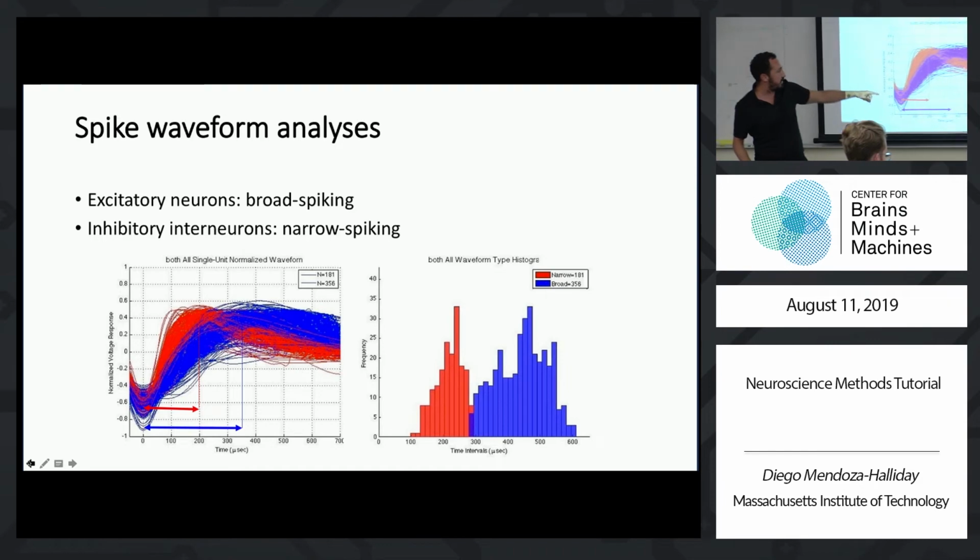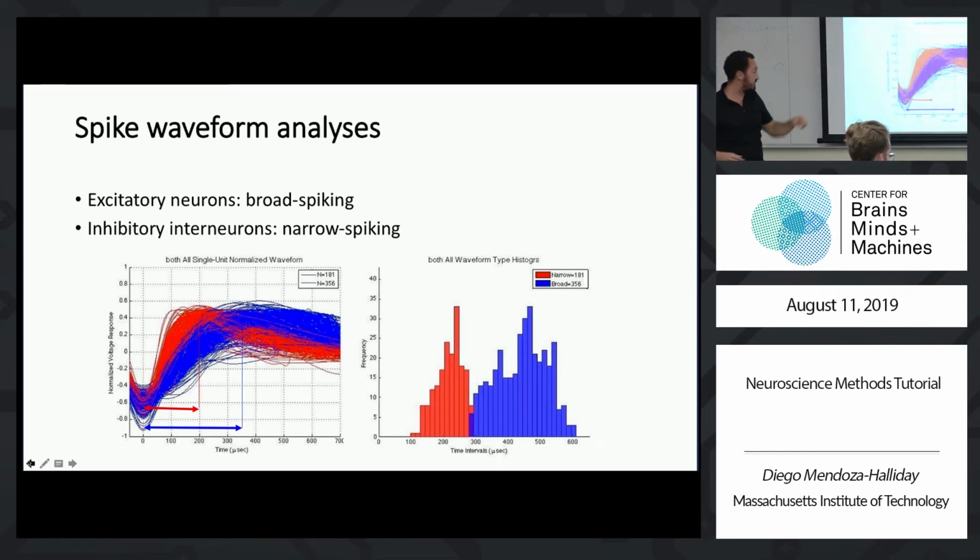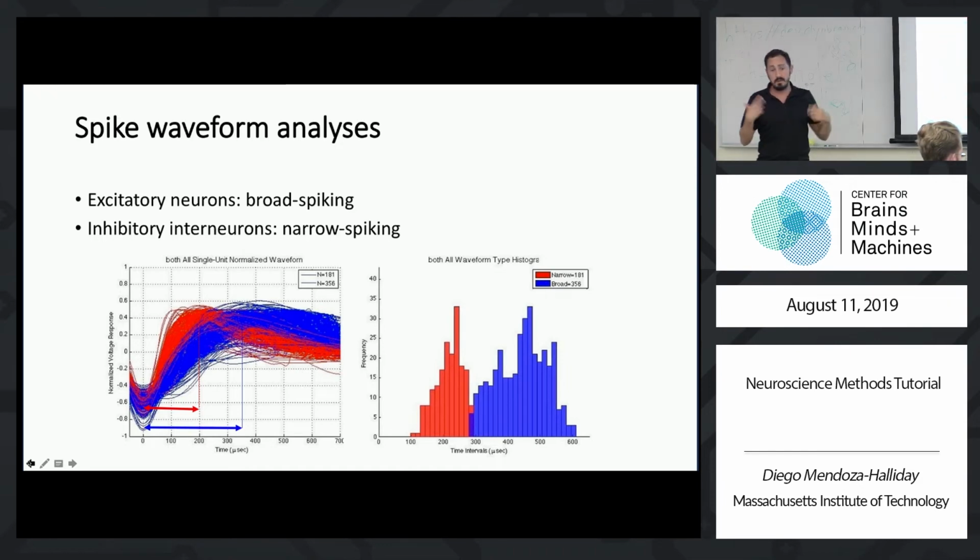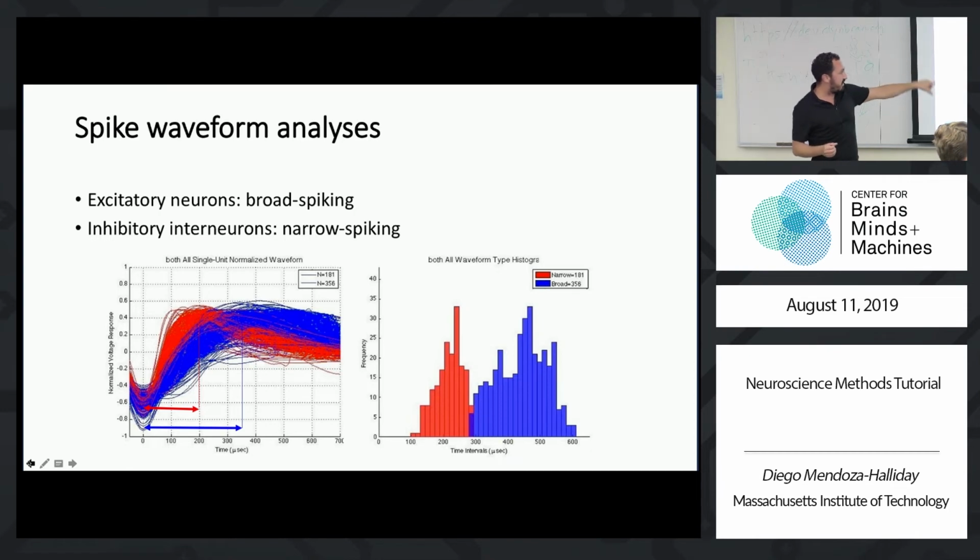So short spiking or narrow spiking and broad spiking units, which we know are indicators of what inhibitory neurons and excitatory neurons tend to spike.